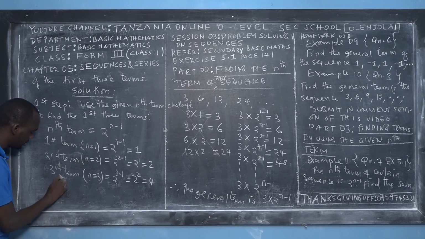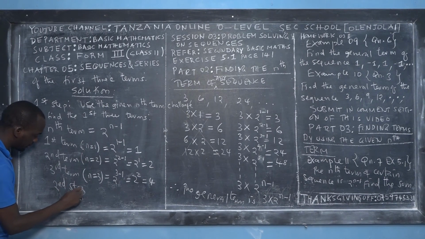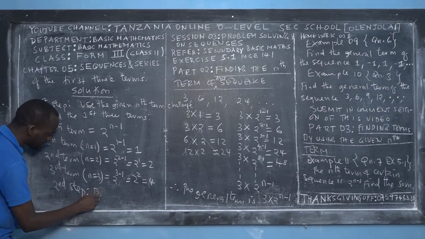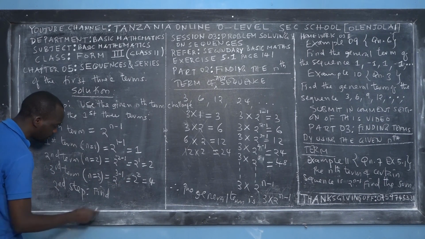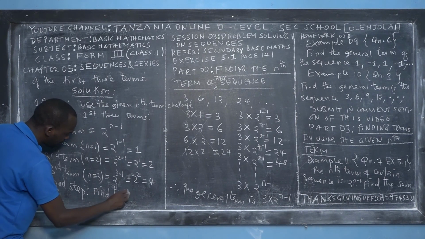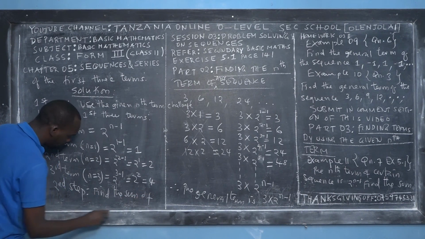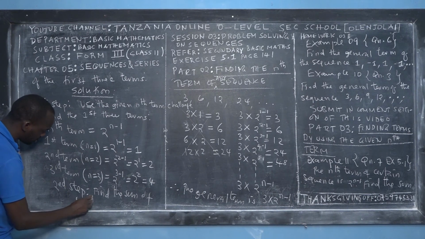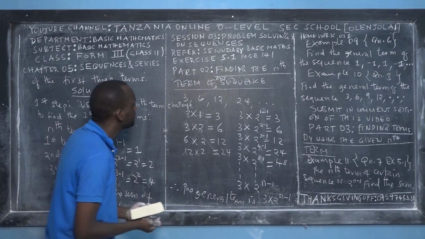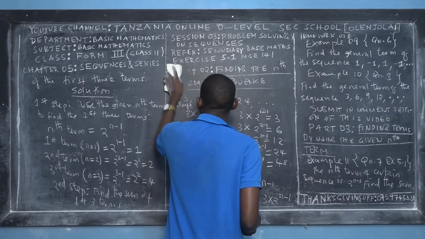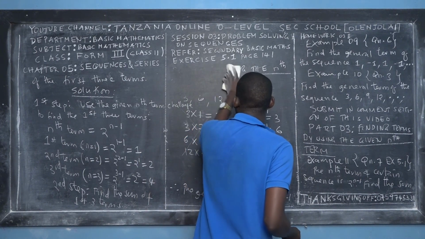Afterward, let us go to the second step. Now we know the first term is 1, the second term is 2, and the third term is 4. Now we find the sum of the first 3 terms.